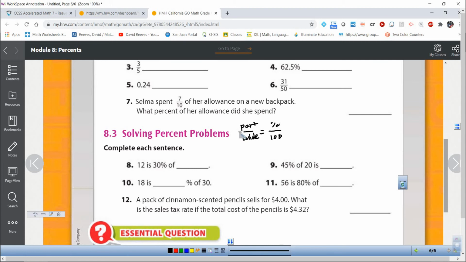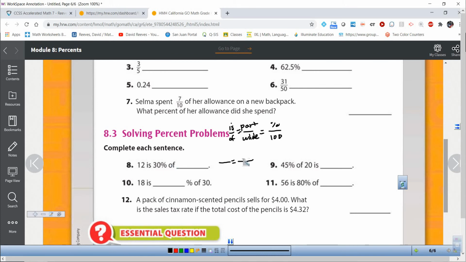And just a reminder, sometimes it's not always easy to see which is the part and which is the whole. The "is" over the "of" gives us the clue. The "is" is a key that we have the part, and the "of" is the whole. All right, so 12 is 30% of. So I'm going to set up my ratio here.